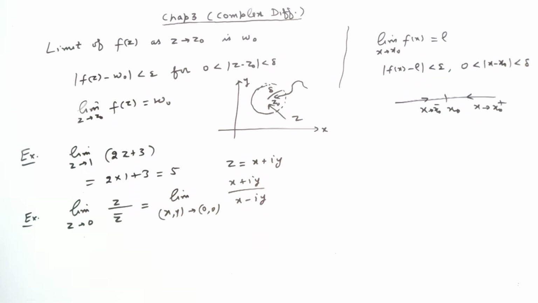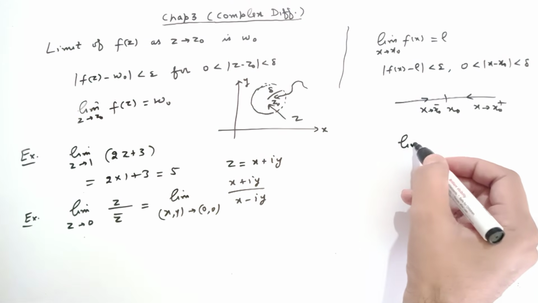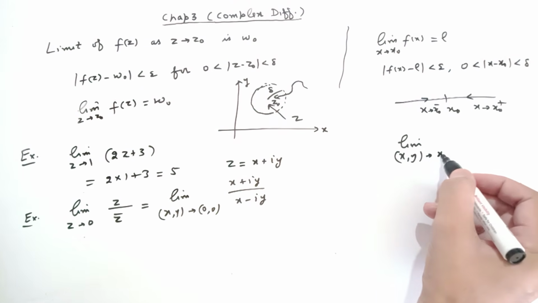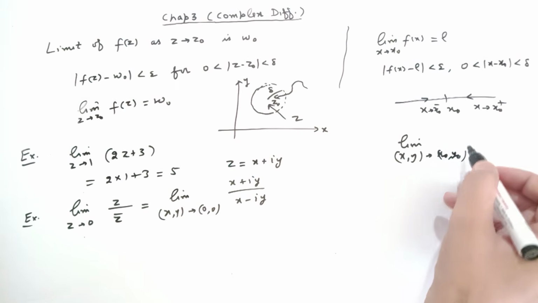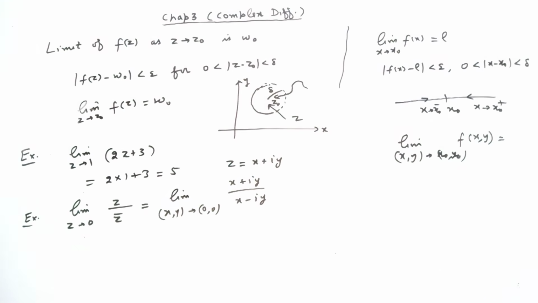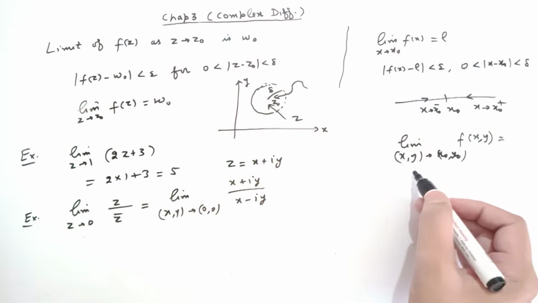This kind of problem you have done in the first semester. You have already solved this kind of limits: (x, y) going to (x0, y0), f(x, y). You know this limit exists if it is path independent. If it depends on path, then the limit does not exist.